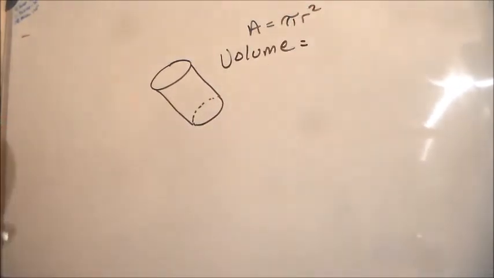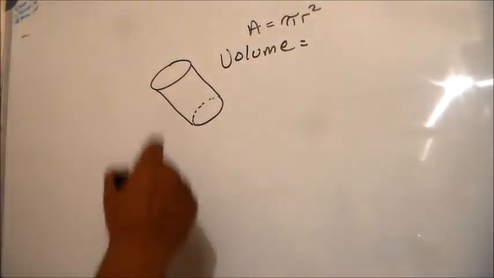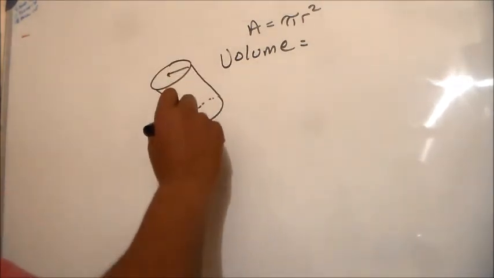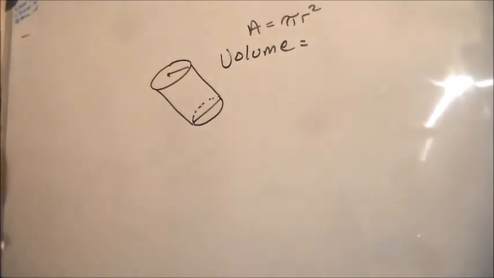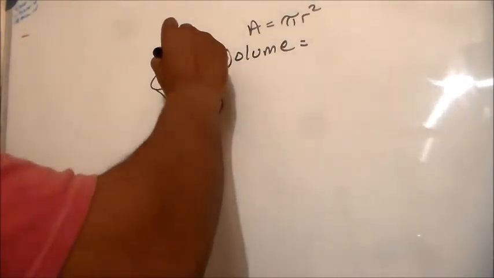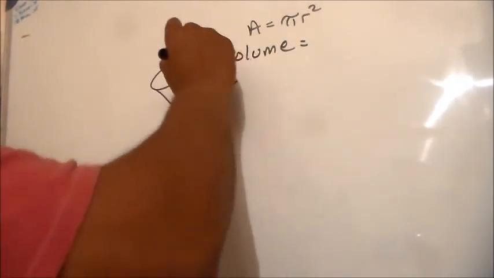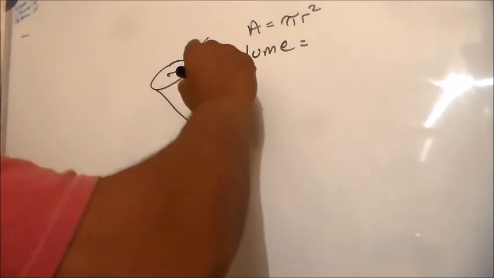To find volume, we have to have either a radius or diameter all the way across, and we need to know the length of this cylinder.